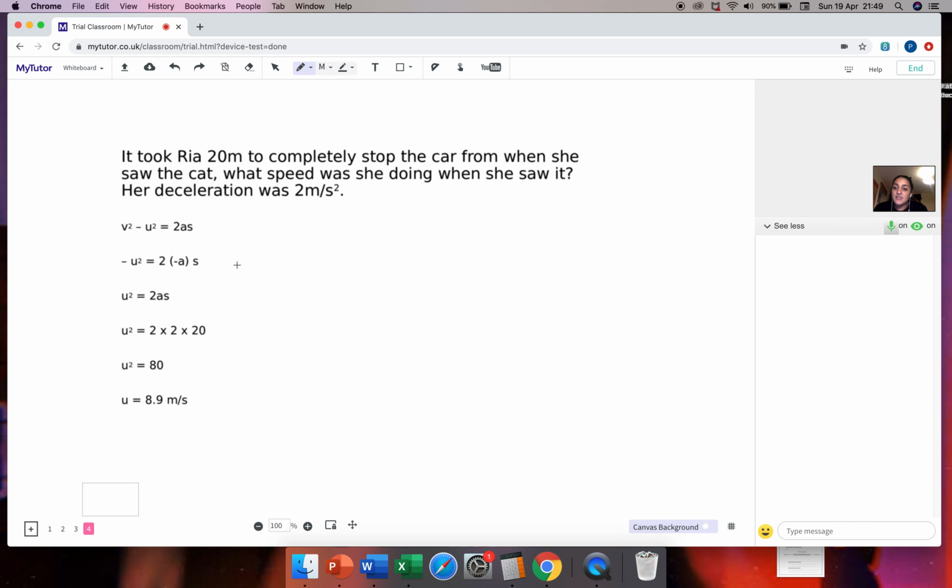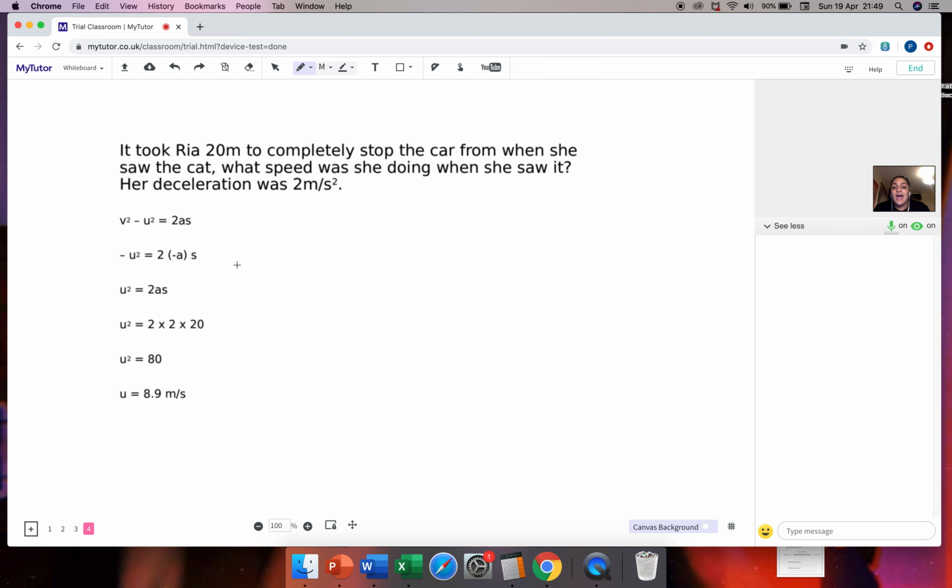For the last part of the question, we have a calculation question to complete. So we've been given a distance and we've been given an acceleration, or a deceleration in this instance. So because we're given an acceleration and a distance, the equation that we need to use is v squared minus u squared equals 2as.